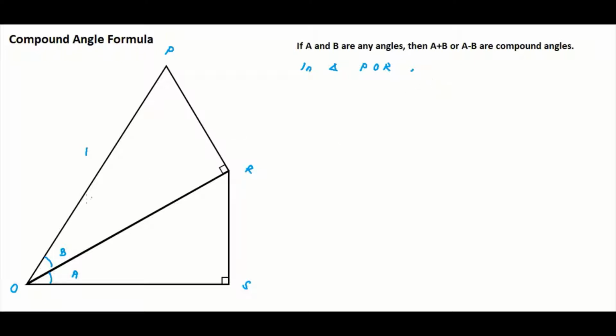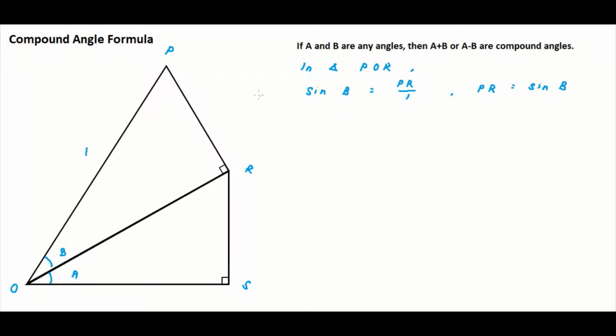Since we already know that OP is 1, let's start with sine first. Sine B, in this right angle triangle, is opposite over hypotenuse, so sine B is going to be PR over 1. In other words, the length of PR is sine B.